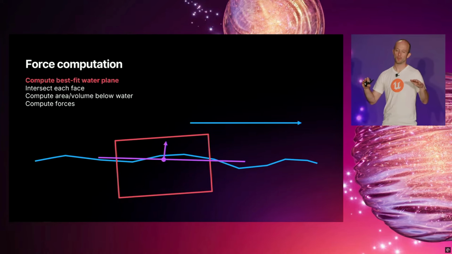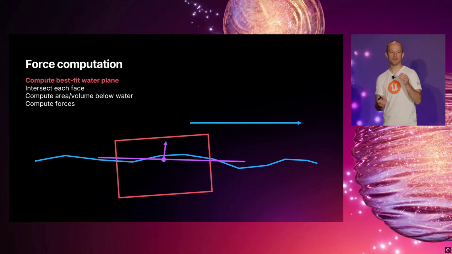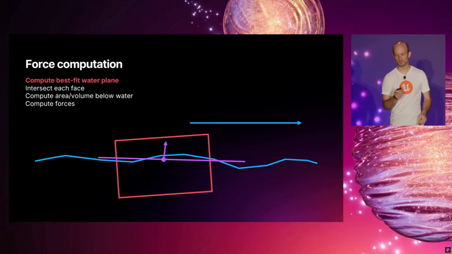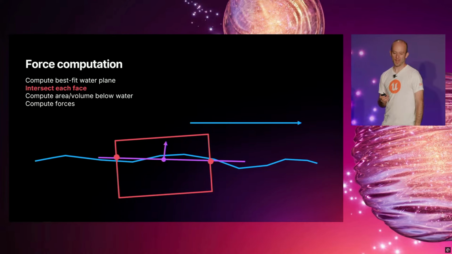So you can get much more complex interaction with the water when you have very large objects or things that have just very detailed shapes. So first thing you do after you have that water plane is you compute the intersection points of that water plane and your box, or imagine it's a convex.